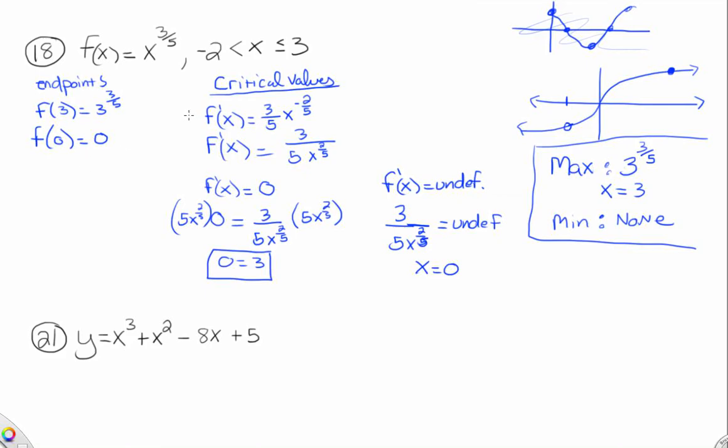But since we really didn't explore what was happening on the left side of this graph, I really think it's necessary for us to take a look at the limit as x goes to -2 to see what we get there. And so when I do that, I know how to take limits. I just plug in the number. So I know that the limit is simply going to be -2 to the 3/5. And a negative number cubed is negative, and the fifth root is negative. So I don't know what the value is, but I know it's a negative number.